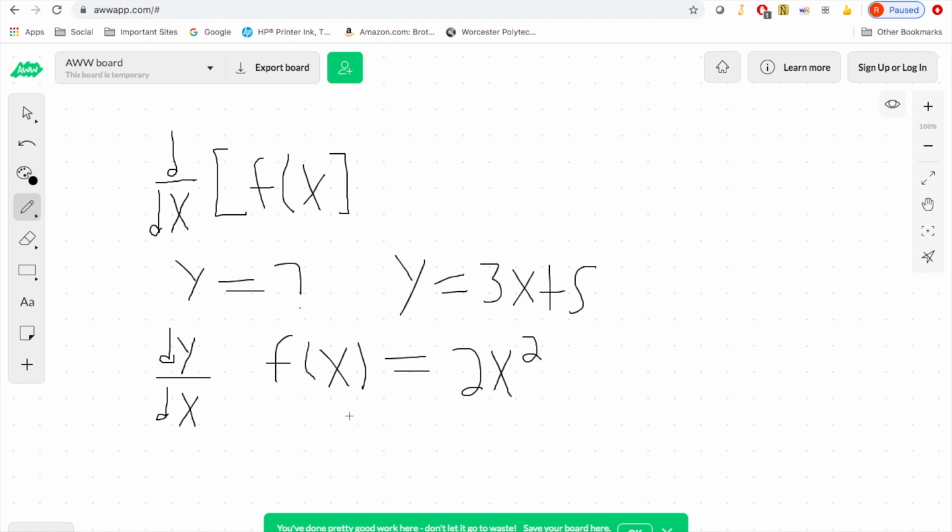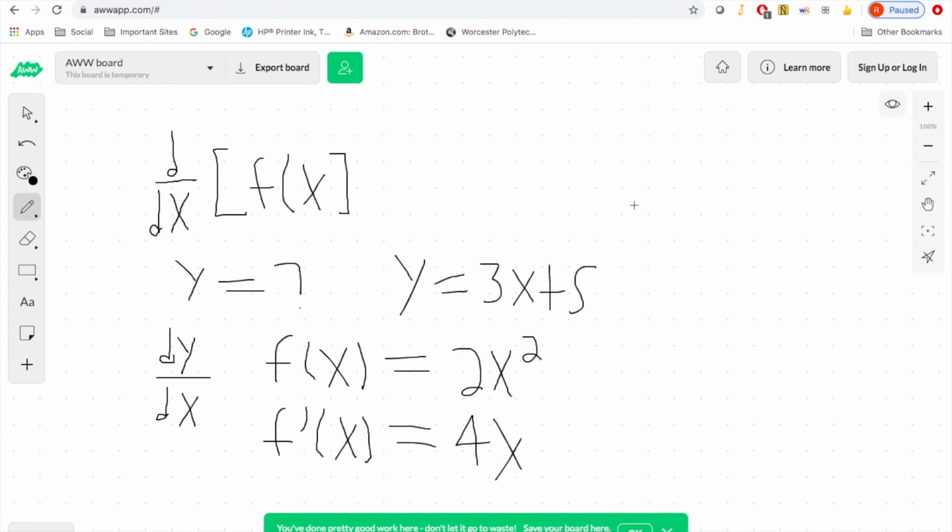We'll talk about that very soon. But just to show you the notation, the derivative of that is just that apostrophe in between the f and the first parenthesis. And we read this as f prime of x. So that apostrophe basically just means prime. And that would equal 4x. But we'll talk more about why it's 4x going forward.